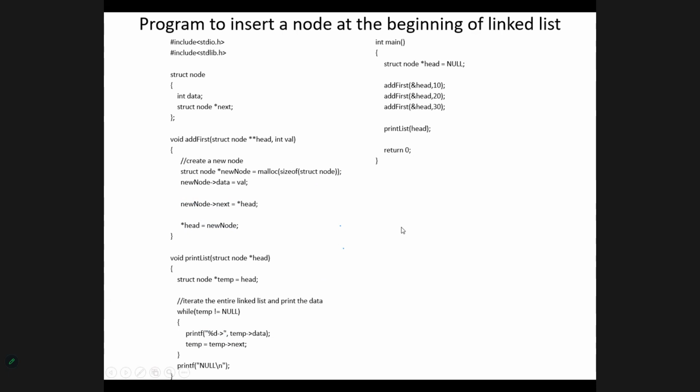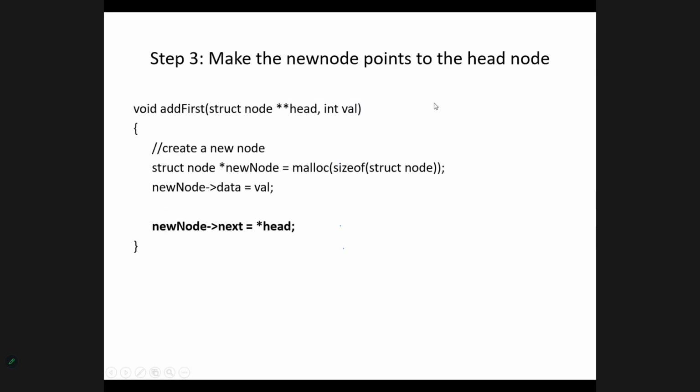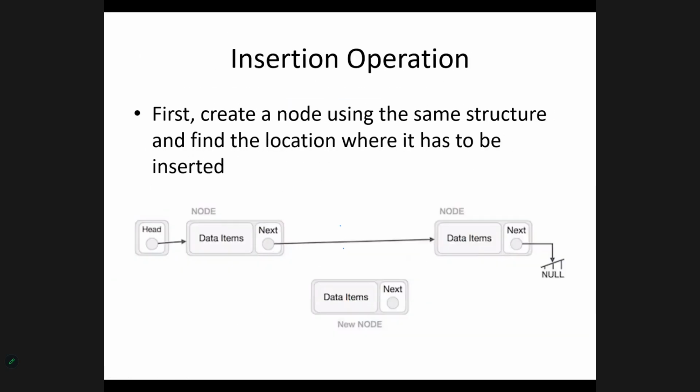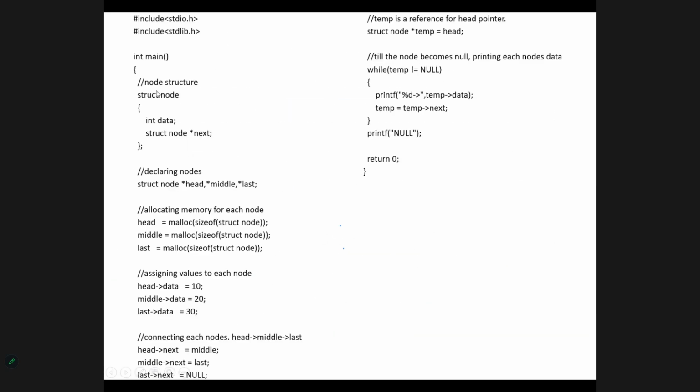Now this is the program to insert a node at the beginning of a linked list. Here I create a function called add first, and I call this function 3 times to add 10, 20, and 30. This is somewhat similar to the previous program, where we created 3 nodes and assigned values.